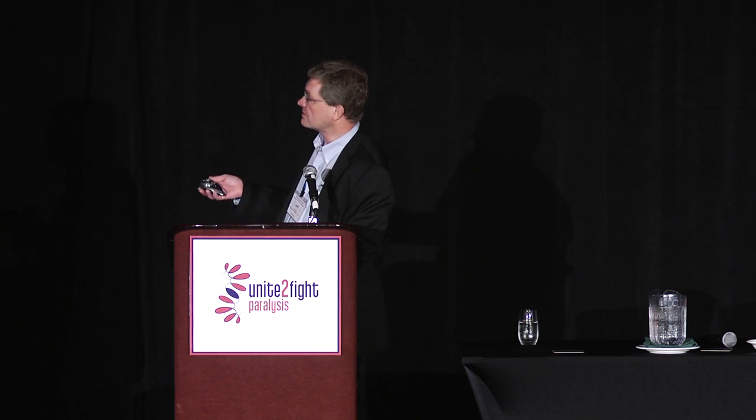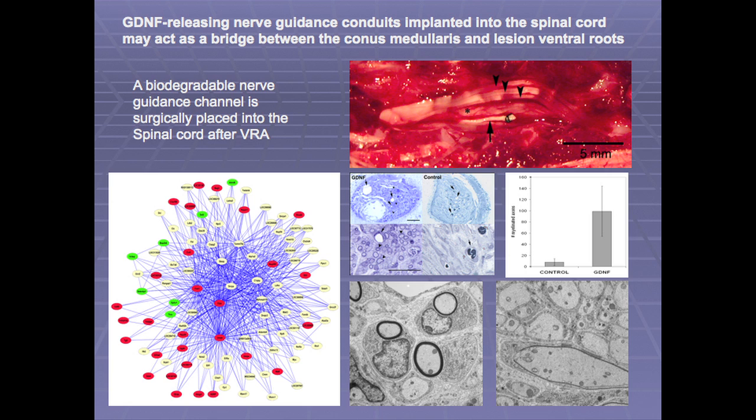So we have recently developed some techniques in collaboration with Dr. Ahmet Hoke, a neurologist at Johns Hopkins, and an engineer at Johns Hopkins called Hai-Quan Mao, where they produce nerve guidance tubes of biodegradable materials that we can actually put different growth factors inside.